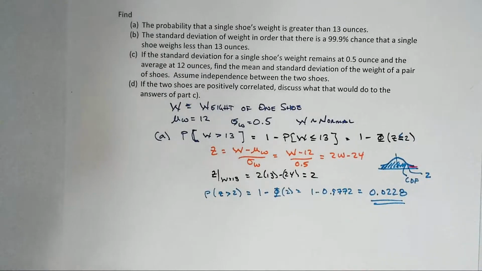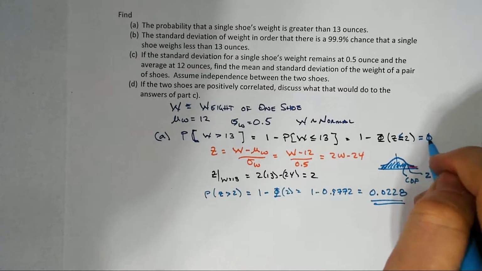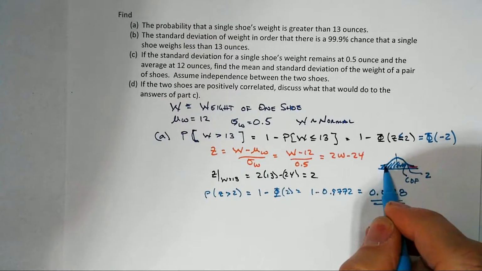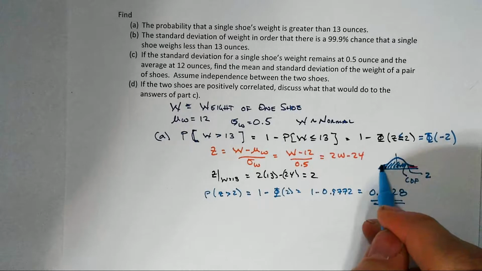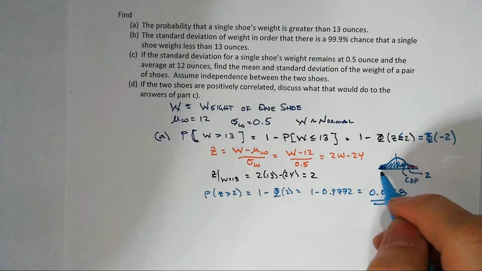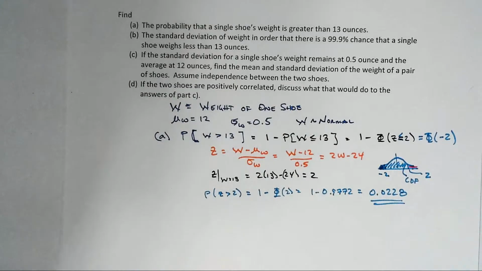Now we could have actually looked this up as the whole thing as phi of minus 2. We're taking advantage that we can flip-flop over here and we have a symmetric distribution. So that little piece is the same as that tail area if that's at minus 2. Another way to do it.